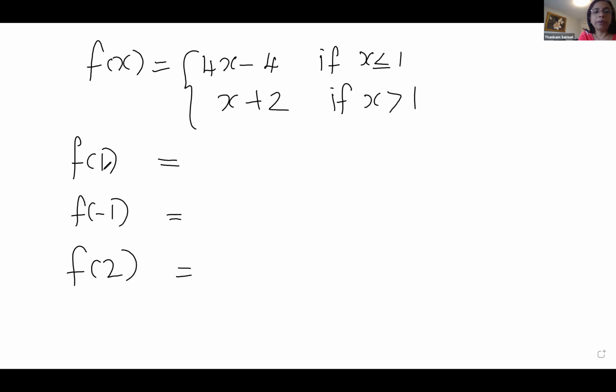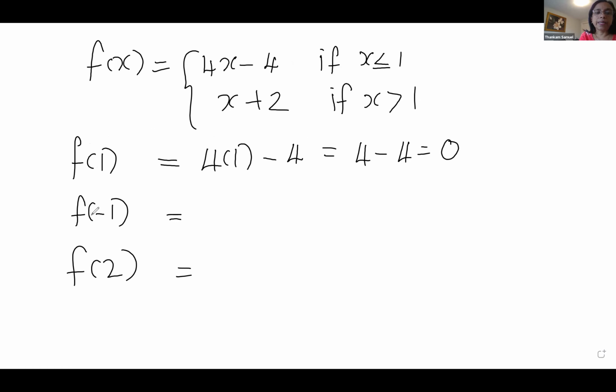So here we need to identify the function based on these values. So we know that the function equals 4x minus 4 if x is less than or equal to 1. So to find f of 1, we need to choose the first function and replace x by 1. So 4 times 1 minus 4, that is 4 minus 4 equals 0.